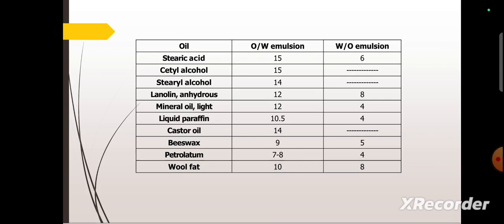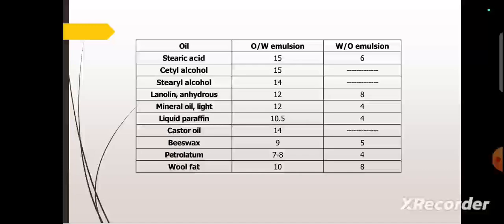If the oil is stearic acid, the O/W emulsion shows 15, and the W/O emulsion shows an HLB value of 6. Cetyl alcohol shows 15 for O/W emulsions, and for W/O emulsions it is nil. Stearyl alcohol shows a value of 14 in O/W emulsions, and nil in W/O emulsions.